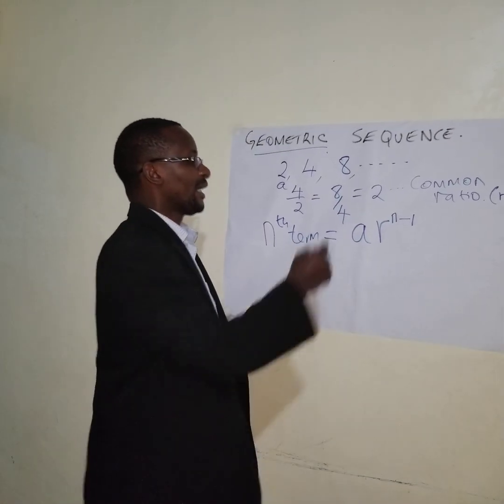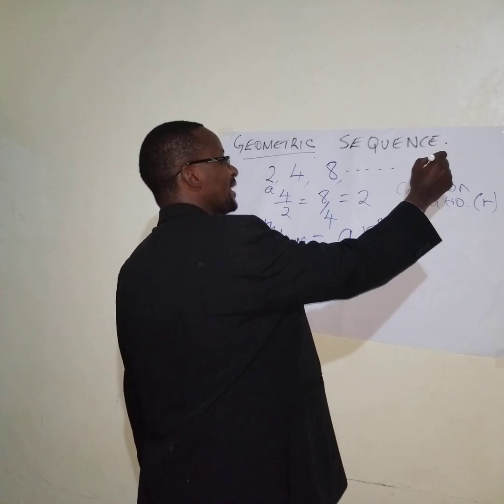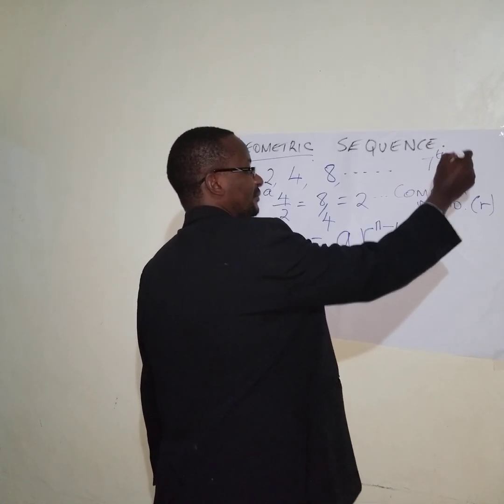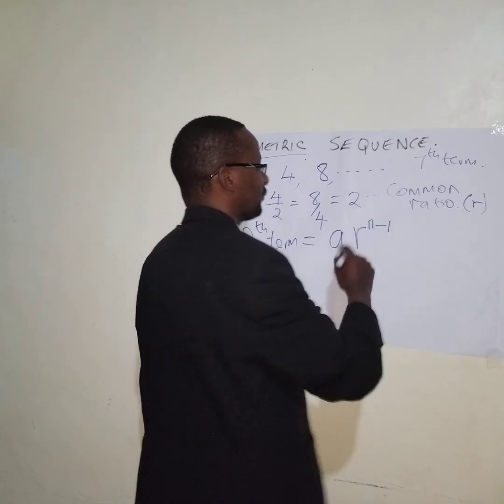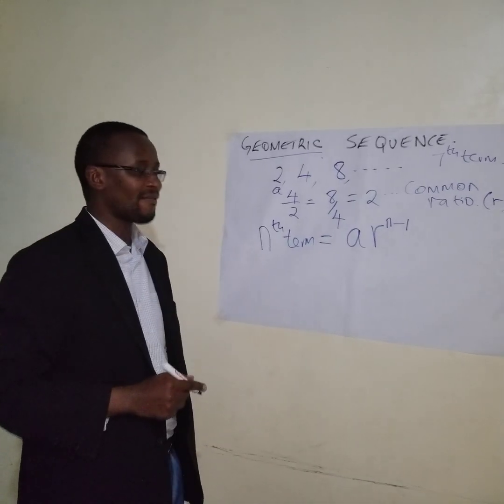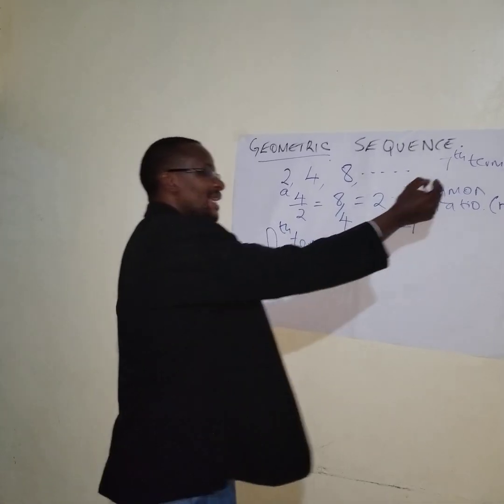For example, here we can be told to get the 7th term. For this sequence, find the 7th term. So our n here will be 7.